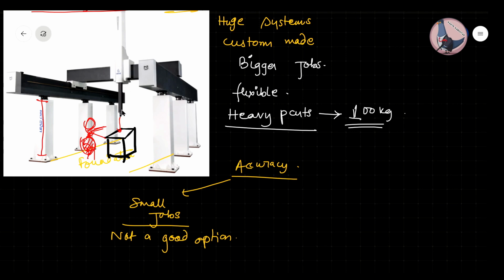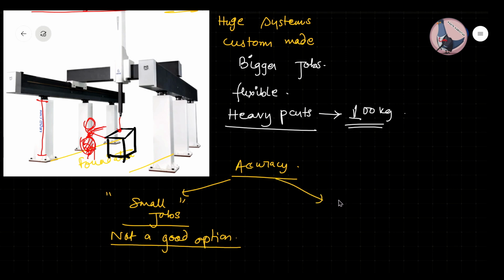So wherever you want to stop the system in the machine coordinate system, suppose you are putting some coordinate, it might not stop there. Then second thing is, such a big system will have a huge driving system, big motors, everything very high powered. So of course the vibration induced by these things will be large, and the dimensions for very small jobs will not be very good.